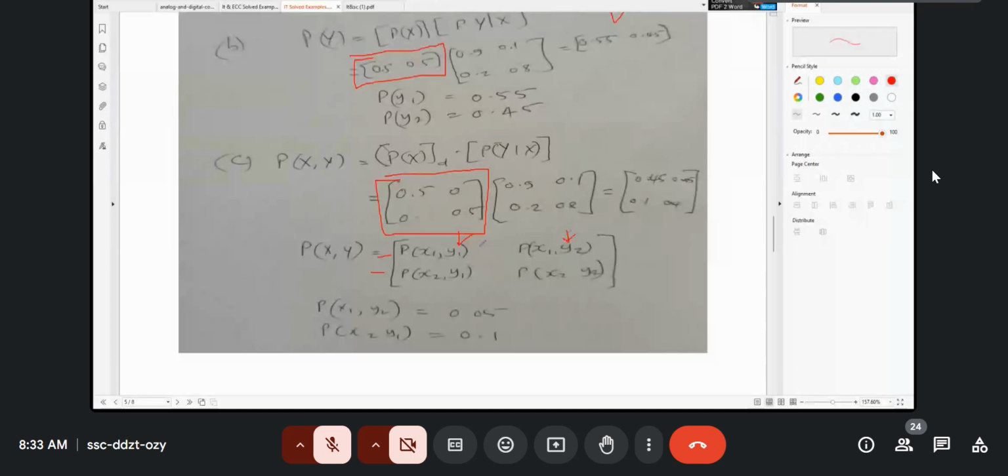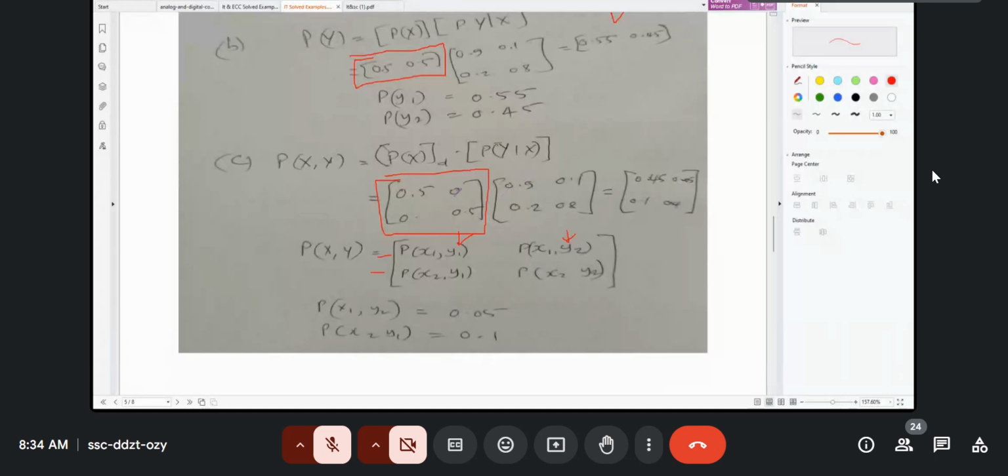So when you multiply out, I think we are all familiar with multiplication. This term will be 0.5 plus 0, which is 0.45. This term will be 0.05 plus 0, 0 times 0.8, so you get 0.05.